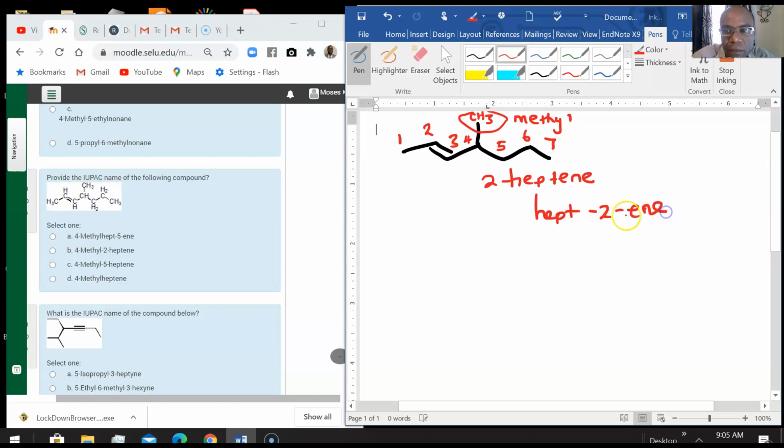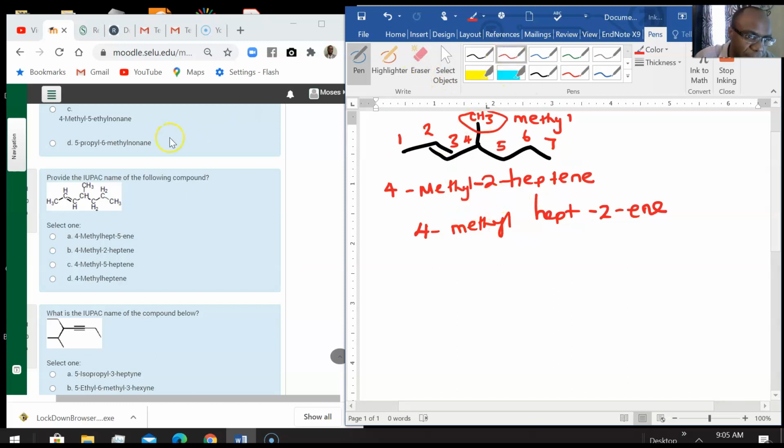Hept-2-ene, where 2 defines the position of the double bond. You have a methyl on carbon 4, so it's 4-methyl. Separate the numbers and letters with hyphens. So 4-methyl 2-heptene, or alternatively, it will be correct if it's 4-methylhept-2-ene with no space between the L and H.